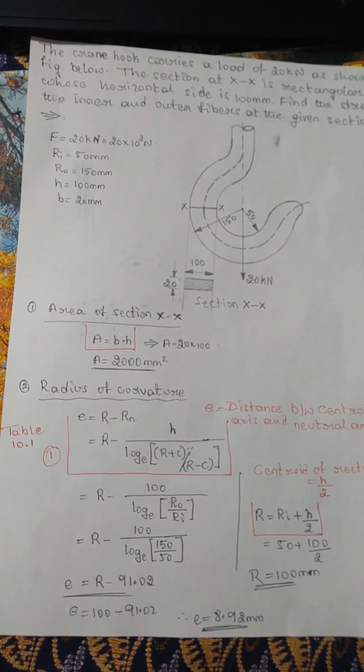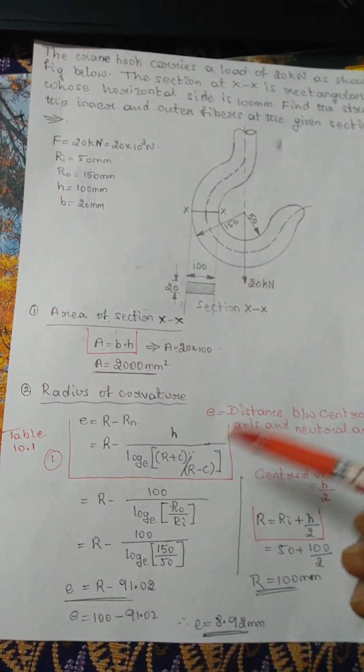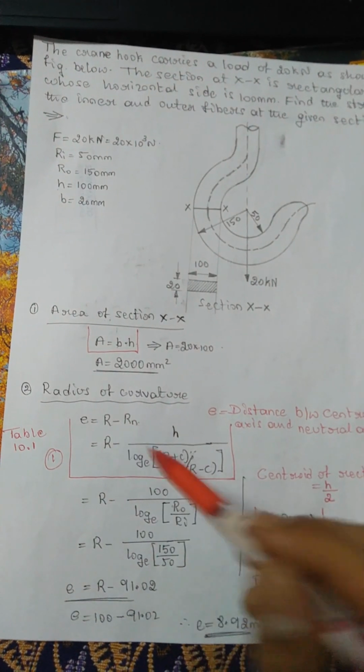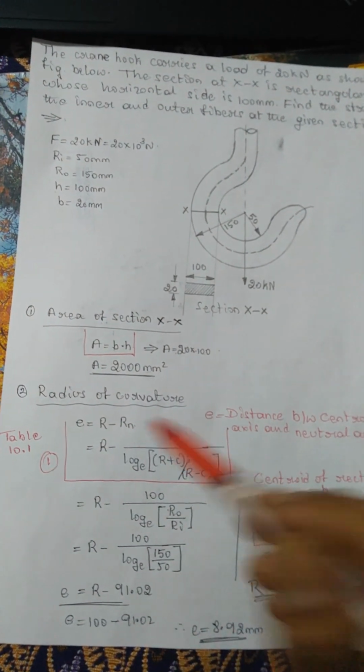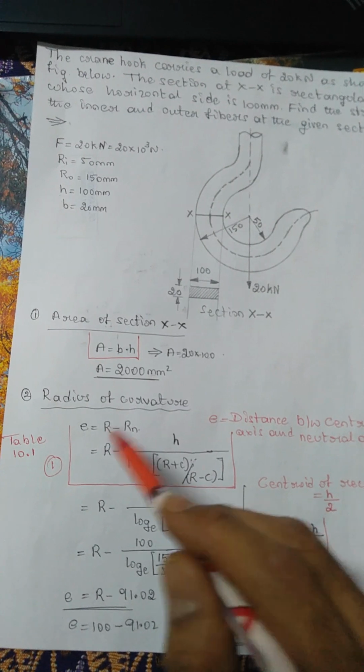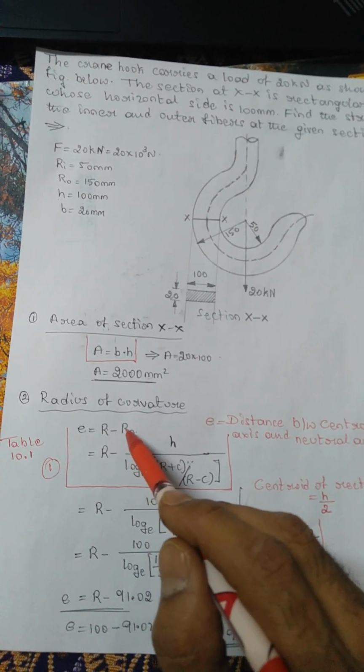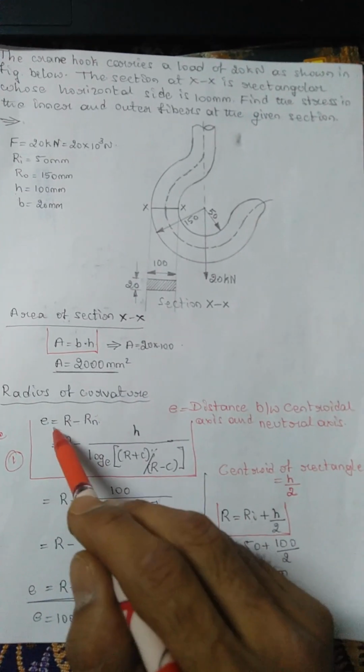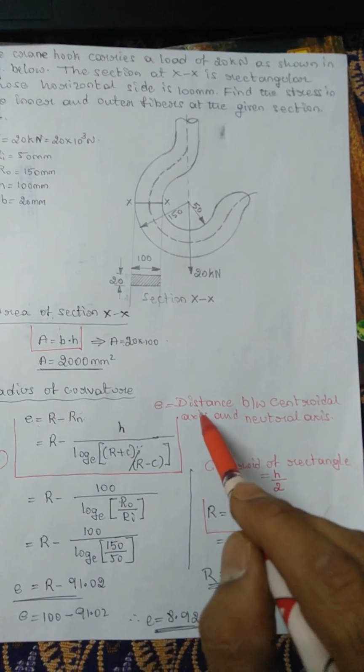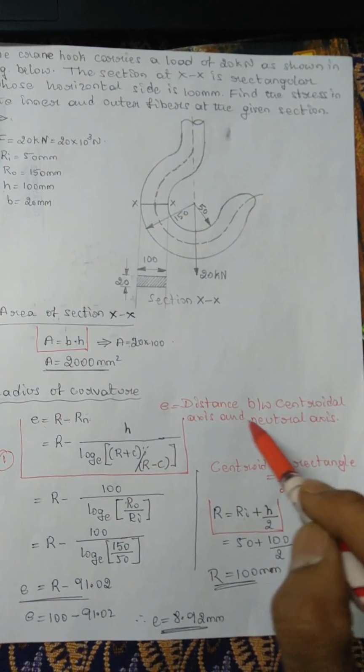For the radius of curvature, e is equal to r minus rn, that is the distance between the centroidal axis and the neutral axis.